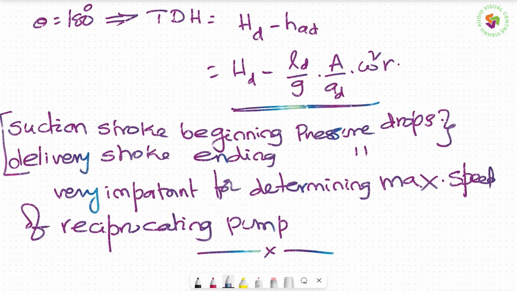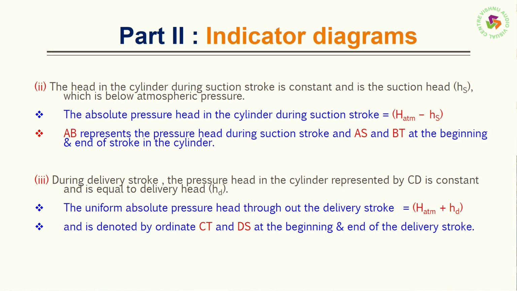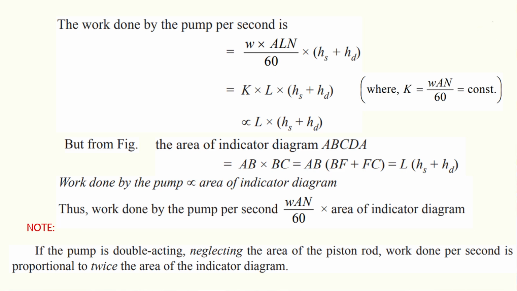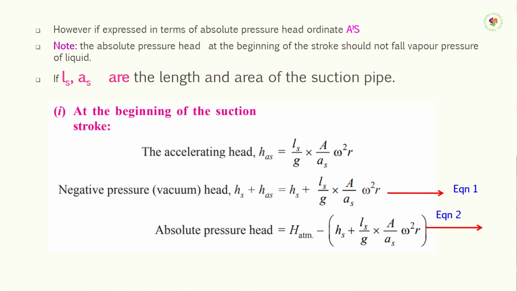So here I will stop. In today's lecture, we have completely discussed how the acceleration effects change the indicator diagram, whether there is any change in the work done because of that, and what the importance is. The acceleration pressure head's importance is only the pressure changes. Mainly it is focused at the beginning of the suction stroke, where the pressure decreases.